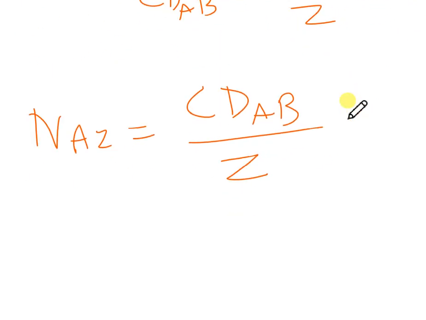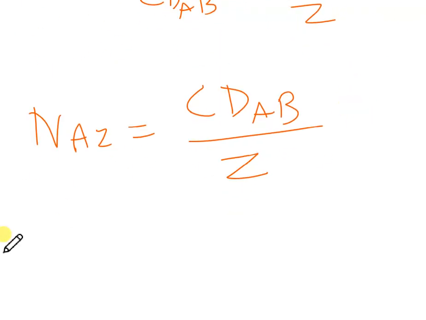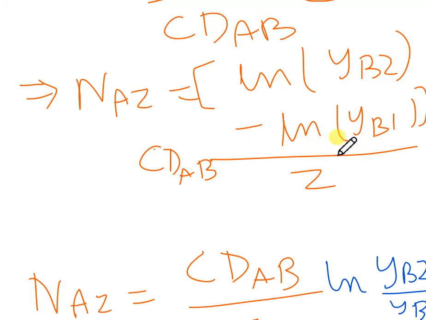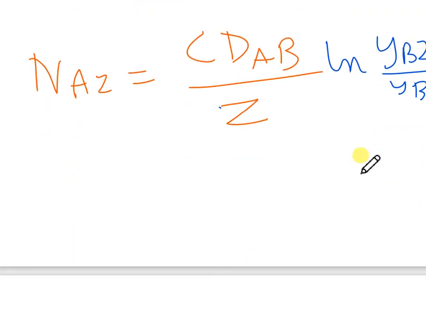So now our equation, take this from C DAB over Z ln yb2 minus yb1. Okay, so ln yb2, this is C ln m minus ln n equals ln of m divided by n.